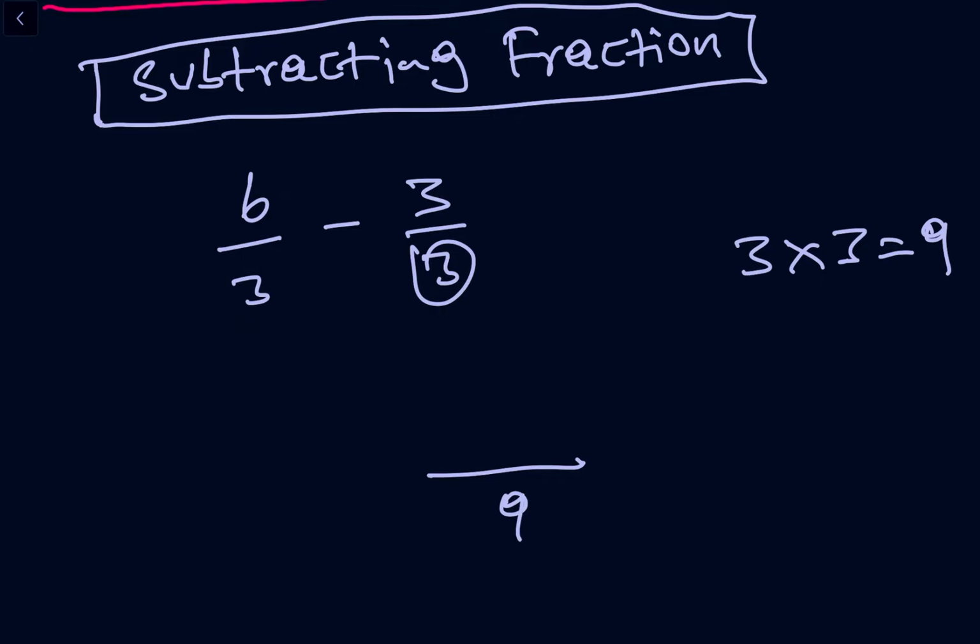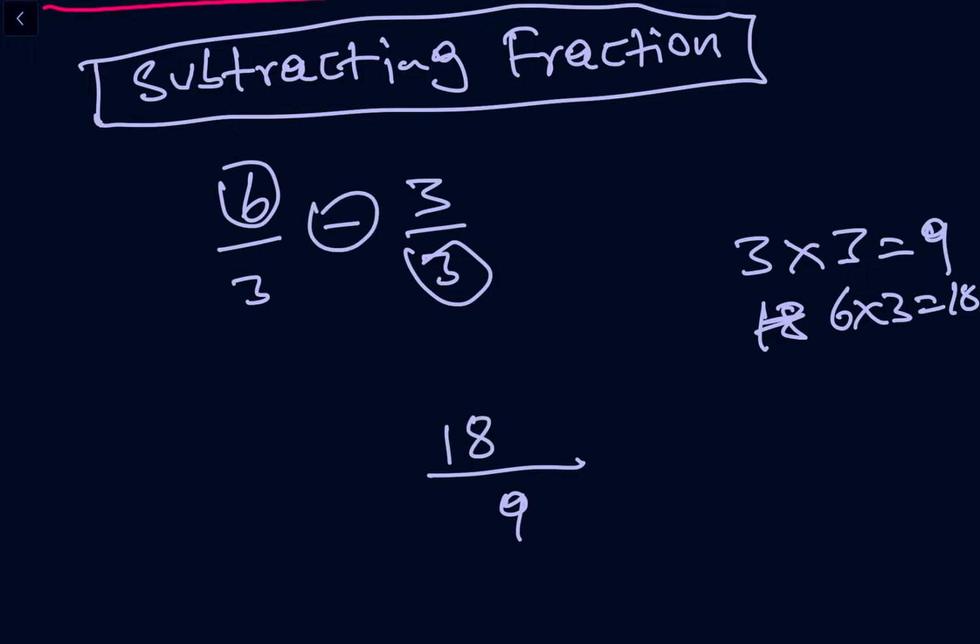After doing that, multiply 6 times 3, which is 18. You can use your calculator to verify. So I get 18. Bring down the minus sign, multiply 3 times 3, which is 9.